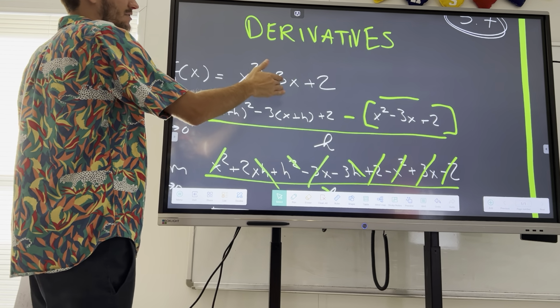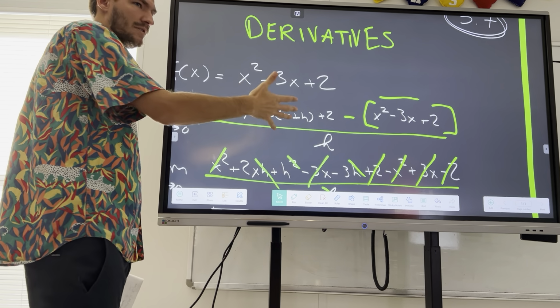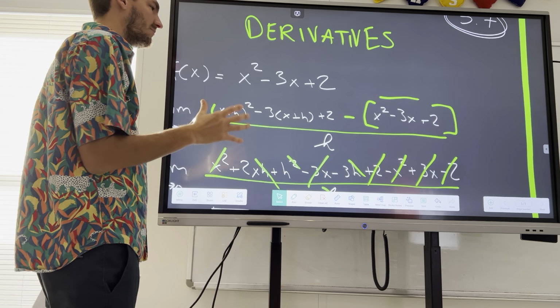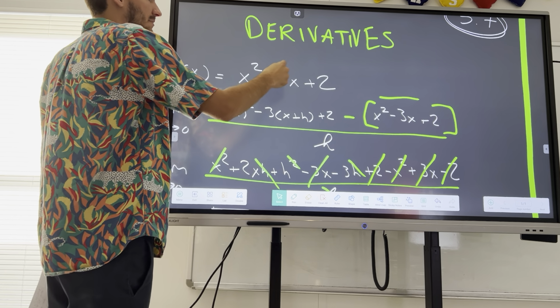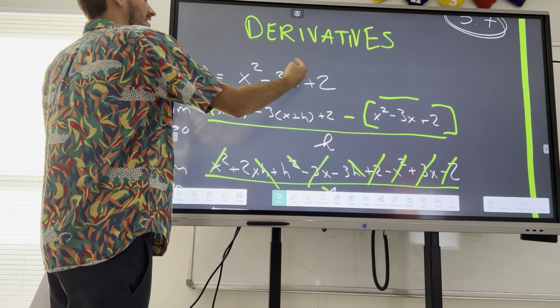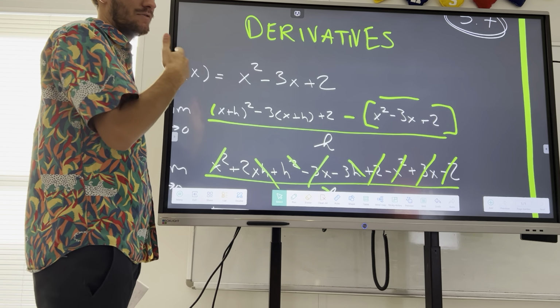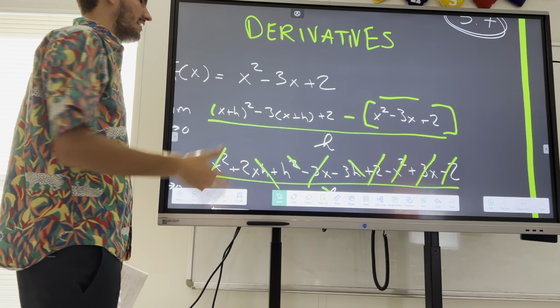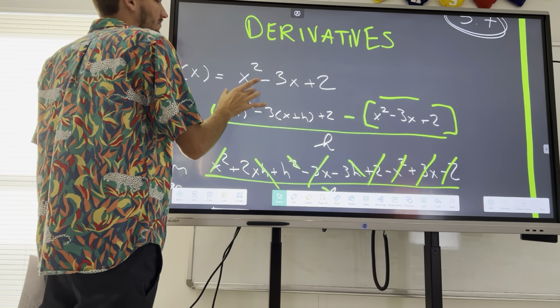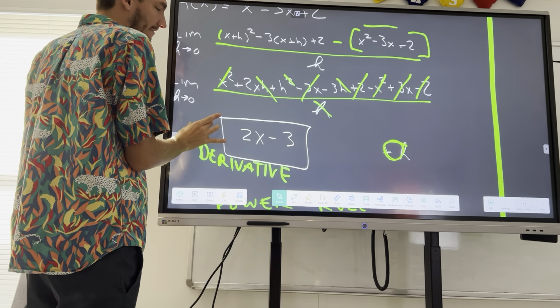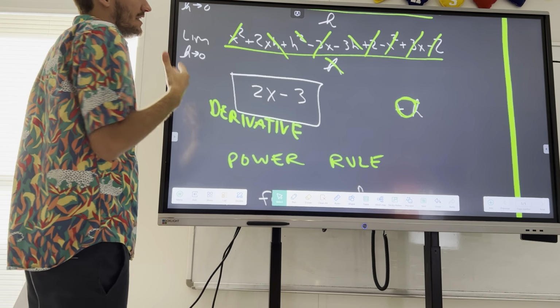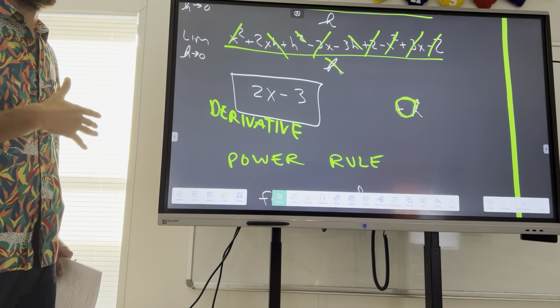We have minus 3x. This kind of thing with the x is maybe a little bit weirder, but it's even easier. The 1 comes out front, it just stays negative 3, and then the 1 minus 1 becomes 0, and x power 0 just kind of goes away. And lastly, we have a 2, and because we don't have any x's on that 2, it doesn't really have any protection, and it just kind of disappears.